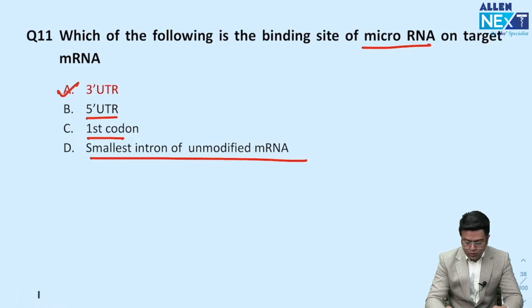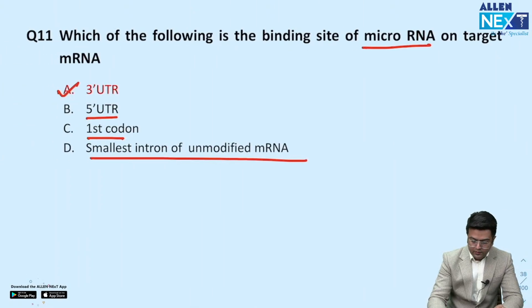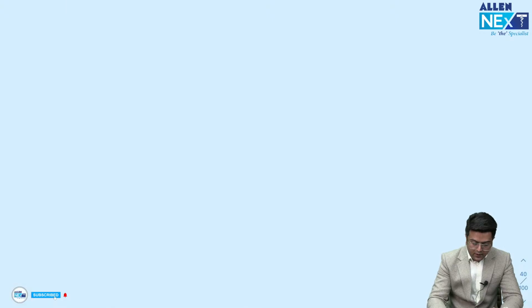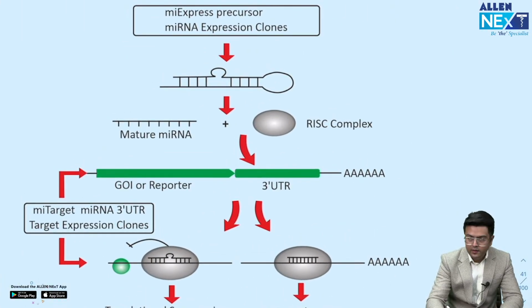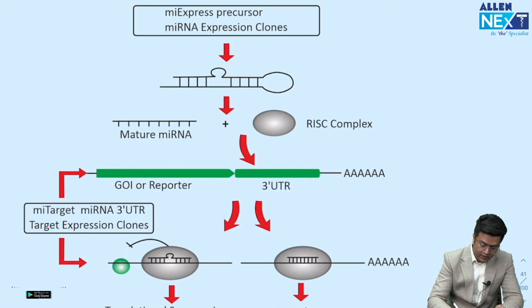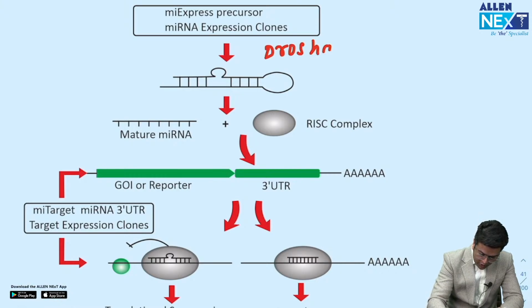So guys, what you should know here is that the 3' UTR is the binding site. Okay, fine. See guys, microRNA is produced in the nucleus. Then when the mature microRNA is produced, it is produced using some proteins, right, which are called DGCR8.